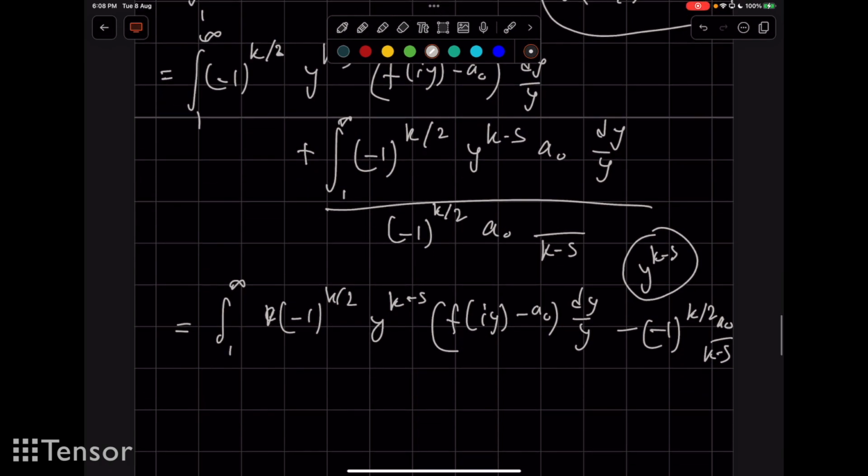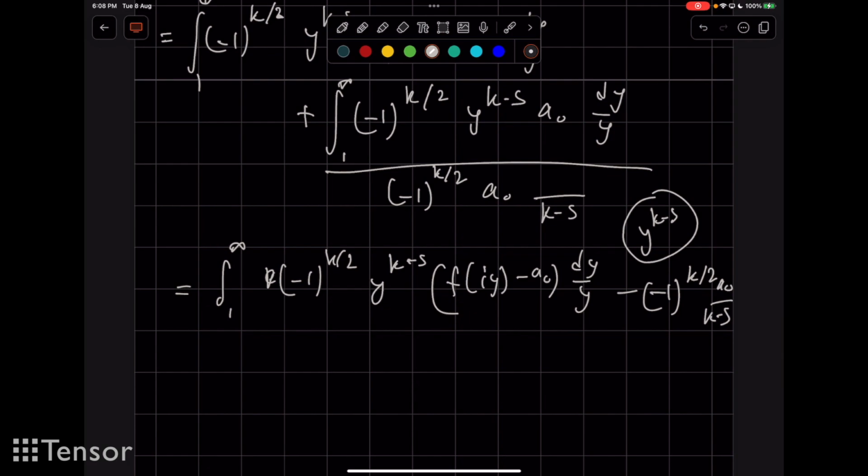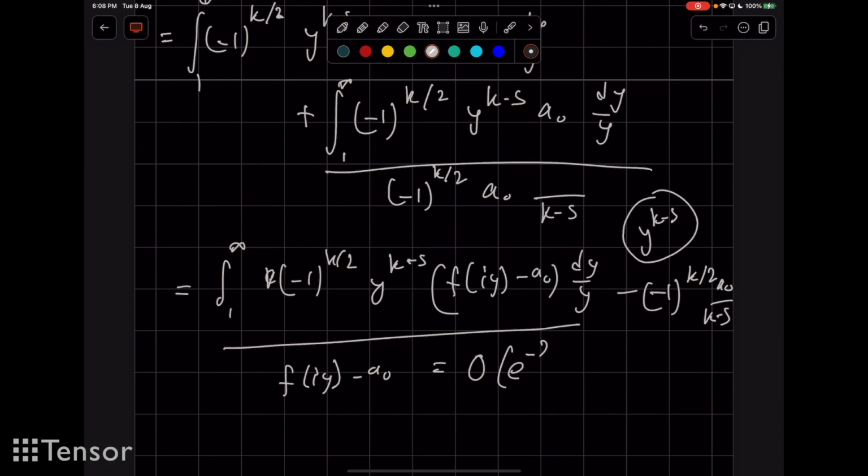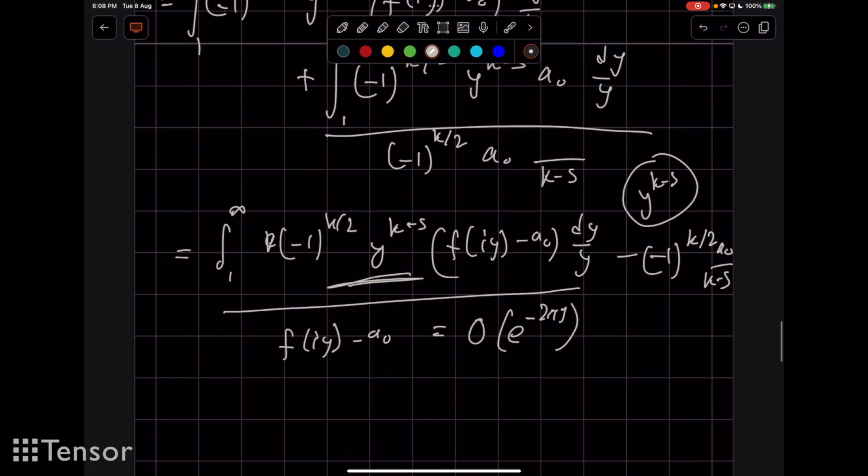And as before, for large y, f of iy minus a0 is of order e to the negative 2 pi y. And this multiplied with a polynomial and taking this integral, this converges and is holomorphic for all s. Right?